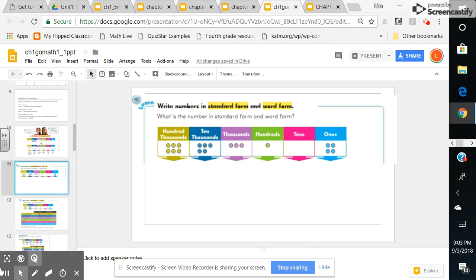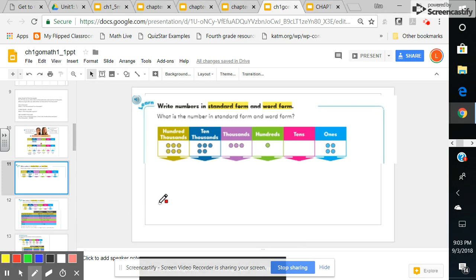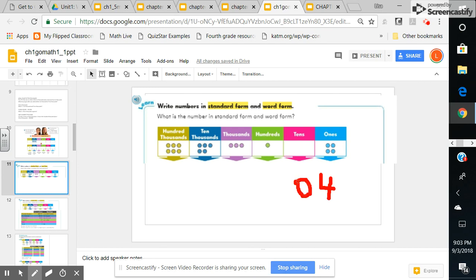If we start with the 4, we can see that there are 4 ones, there are 0 tens, and 1 hundred, and we put a comma after those 3 numbers.